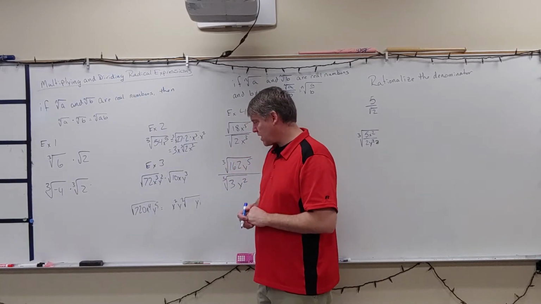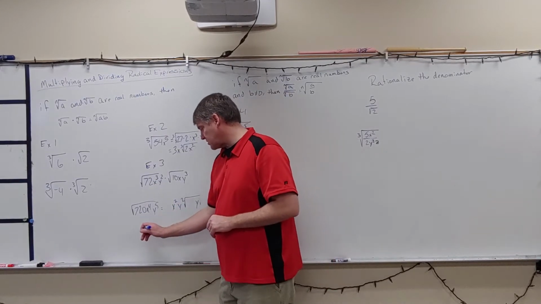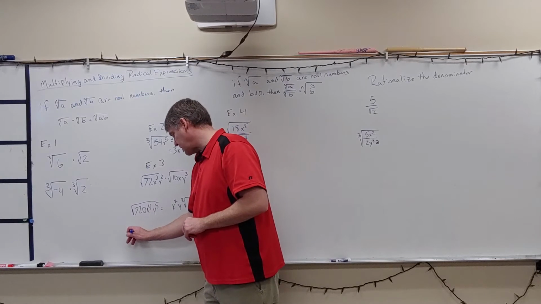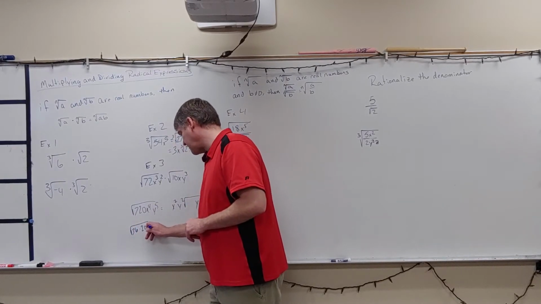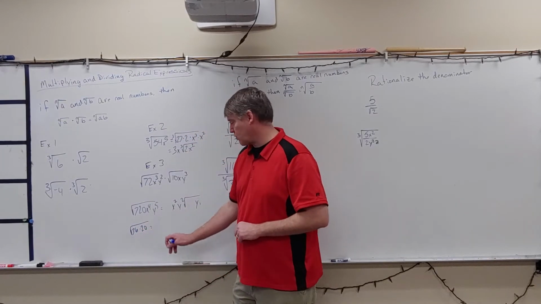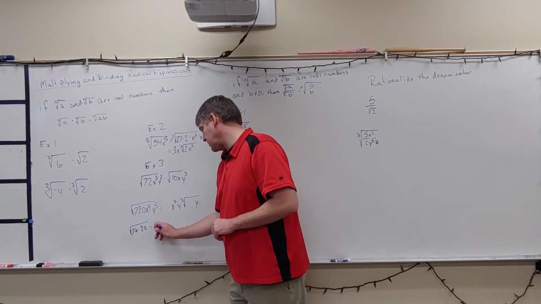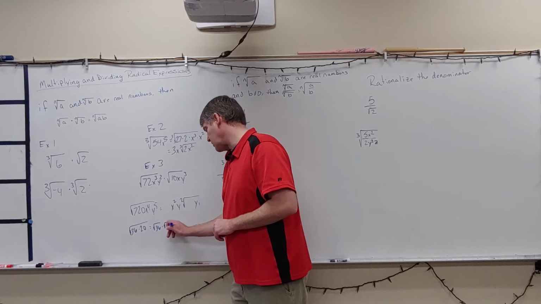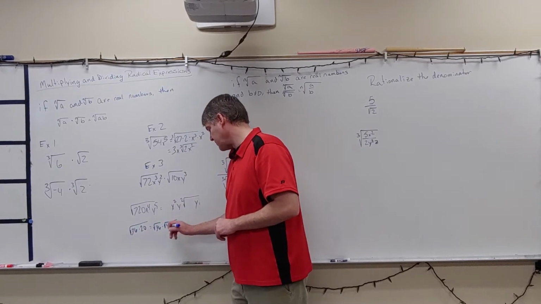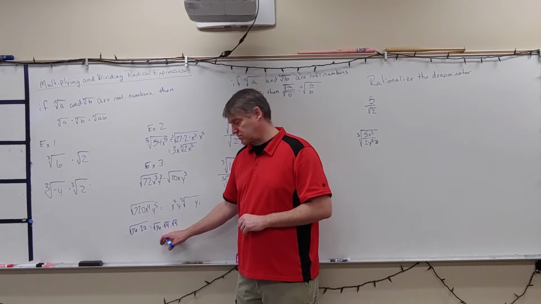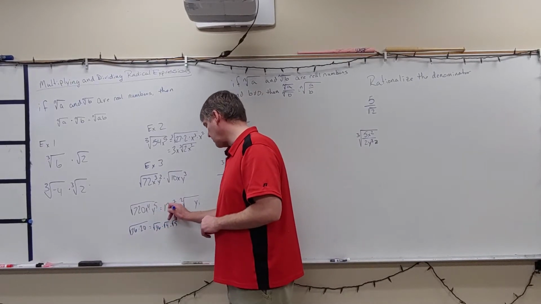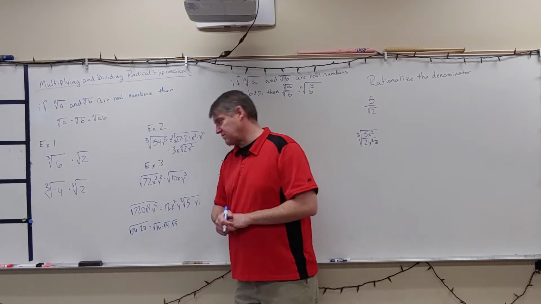I know 36 goes into 720, so I'm going to break this up into the square root of 36 times 20. And 20 has a square root I know, so 36 times 4 times the square root of 5. The square root of 36 is 6, the square root of 4 is 2, so 6 times 2 is 12. And then that becomes the fifth root.